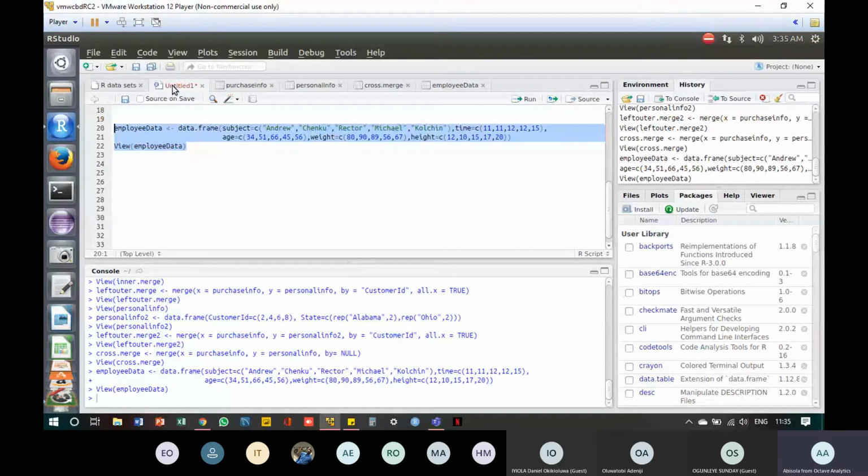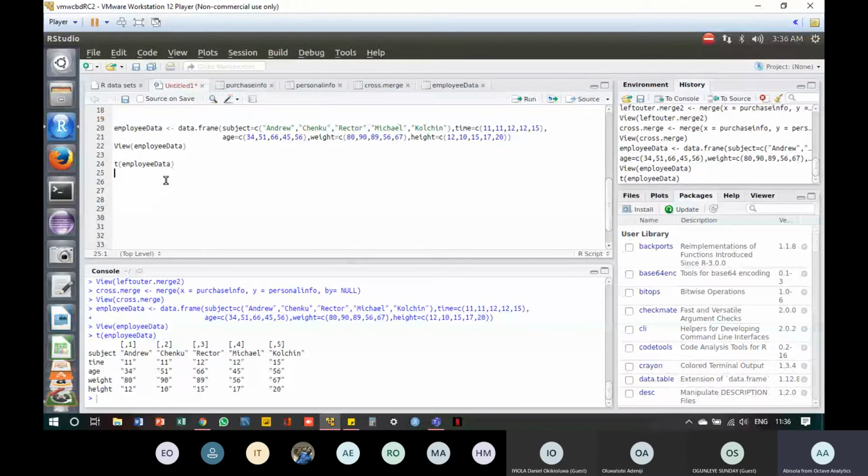When you do T employee data, it transposes your data. You can see the result here. It's transposed. Instead of having subject, time, and weights as columns, you now have them as rows, and these names as columns. So T helps you transform your data. We are changing the view of our data. That's what this lab work is about.